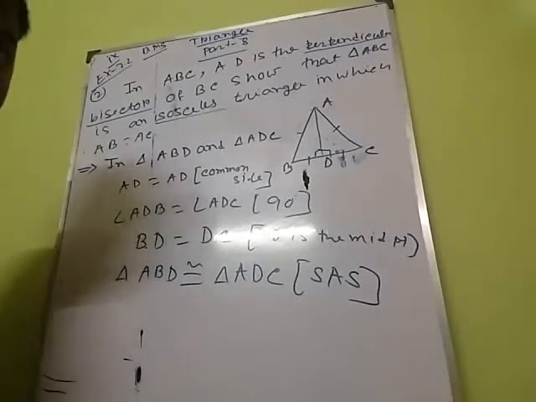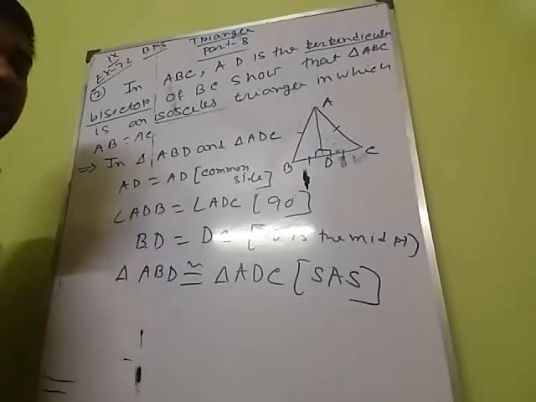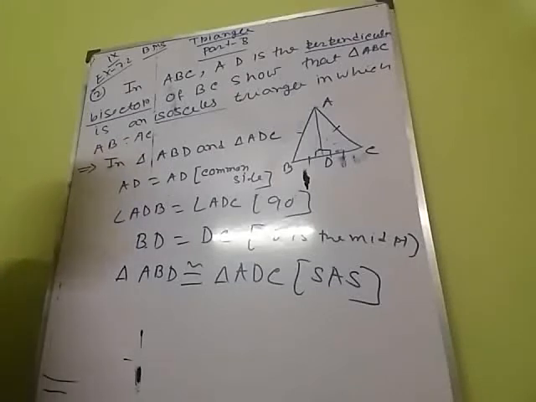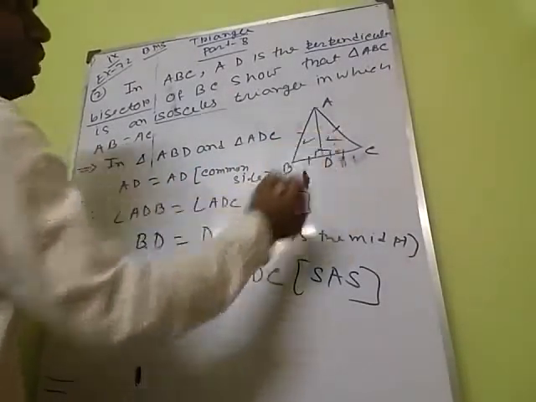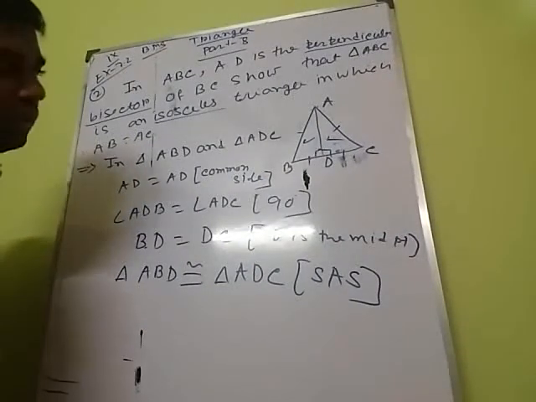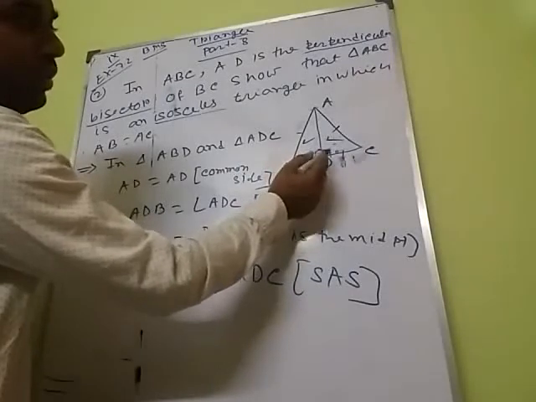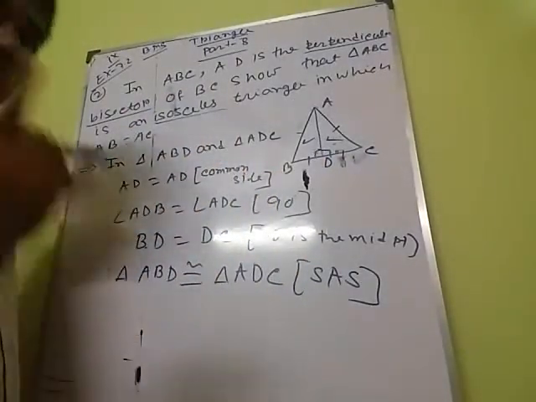One thing we know is the term CPCT, or CPCTC: corresponding parts of congruent triangles are congruent. Now, we have proved these two triangles are congruent. Now, these two angles are equal, so the opposite sides of these two angles should be equal.